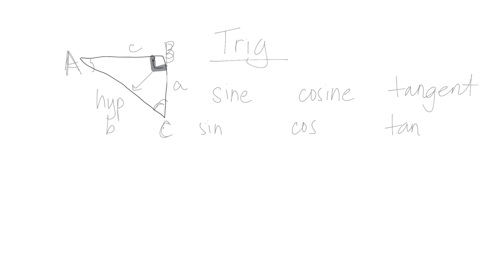Okay, so now if I want to find the sine of A, sine is always defined as the opposite over the hypotenuse. So now I'm going to look at A. So A is here. I just put a circle around it.